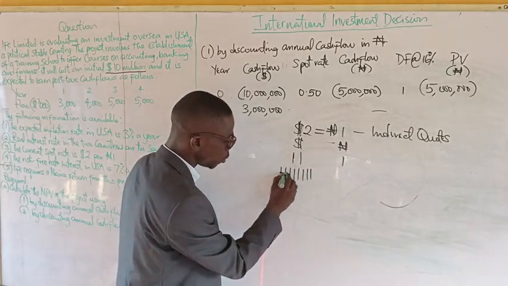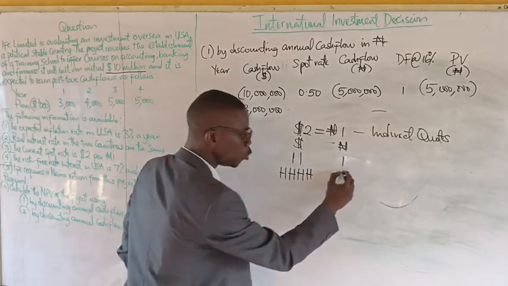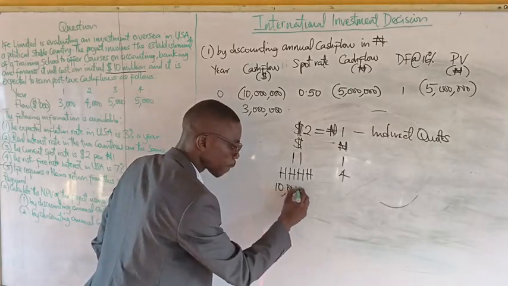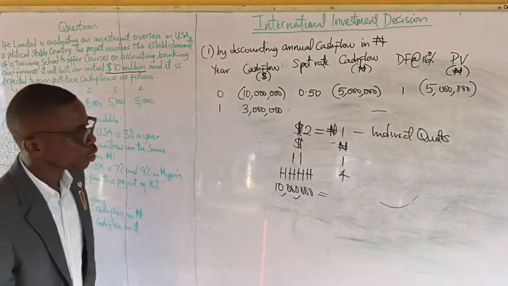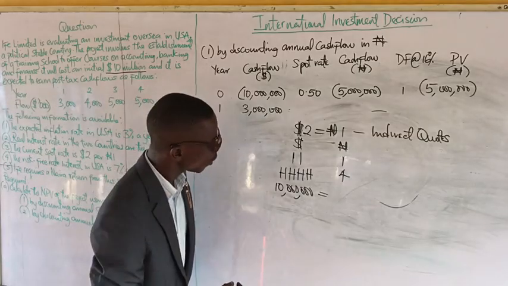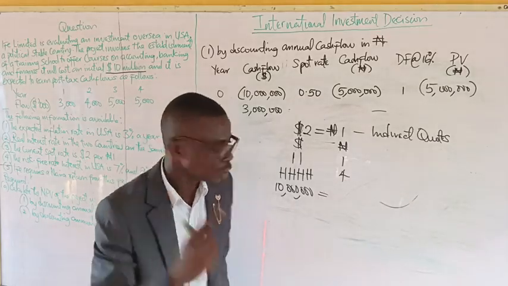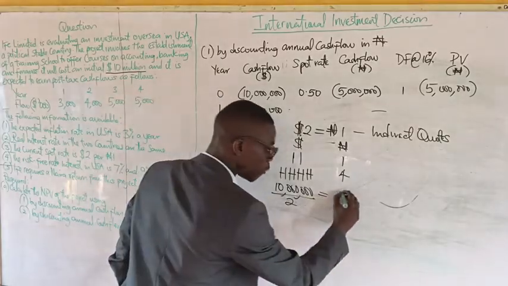It will be 4, because 2 of it is equivalent to 1 naira. So the $10 million will be equivalent to what in naira? If 2 is equivalent to 1, just divide by 2, right? It will give us 5 million.